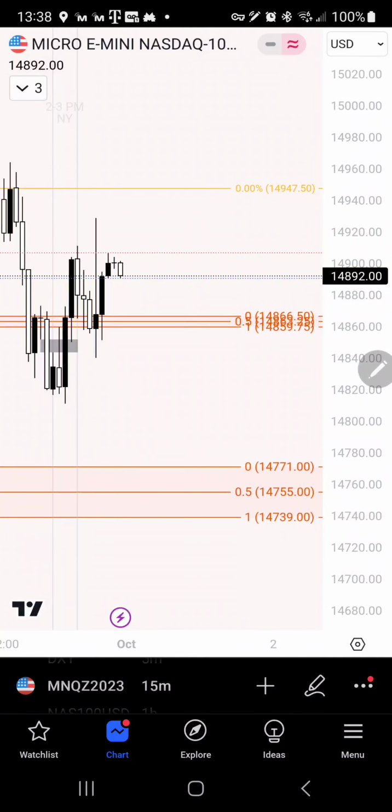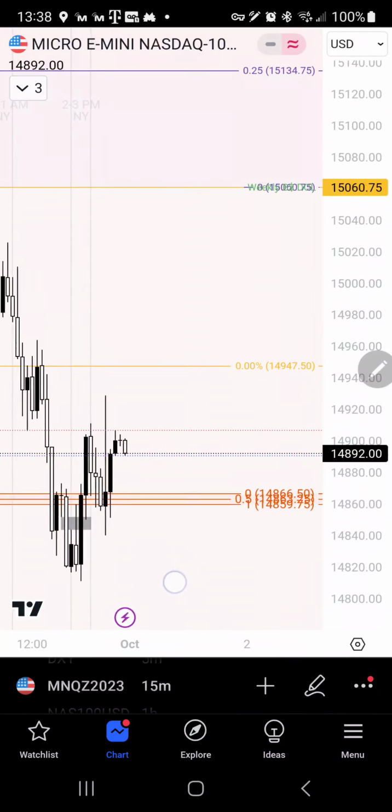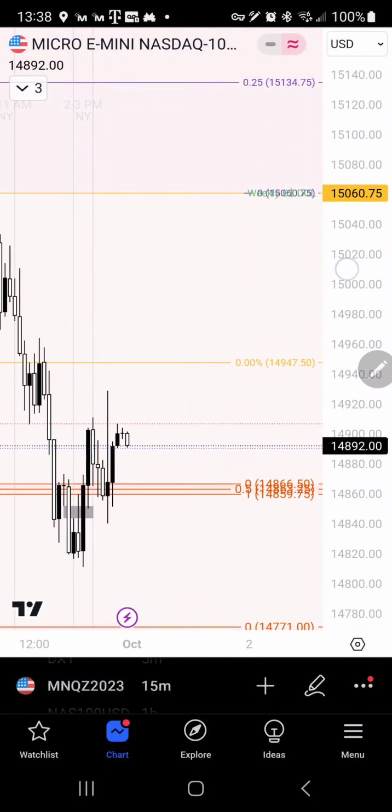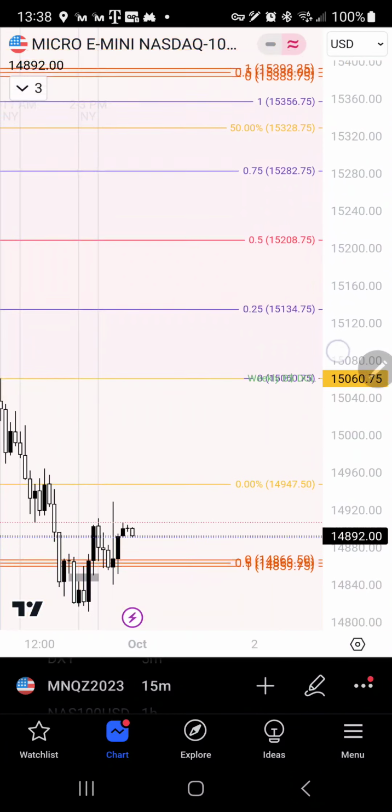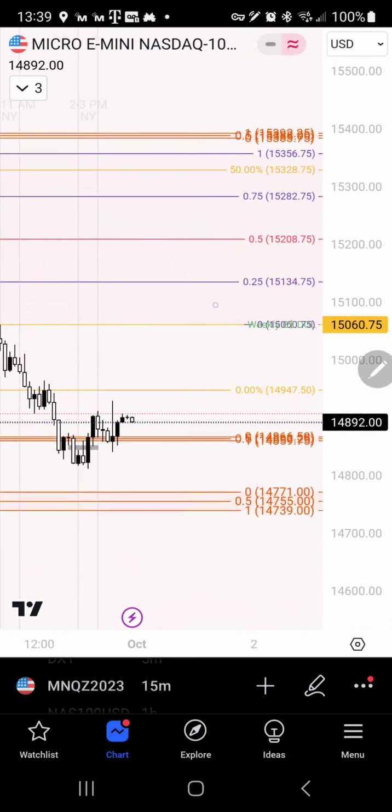So I'm thinking Sunday will open, and we may push down into this volume imbalance right here, the daily volume imbalance, and then push up for the good part of the week until we get up into the $15,328.75 price point, and then head down.